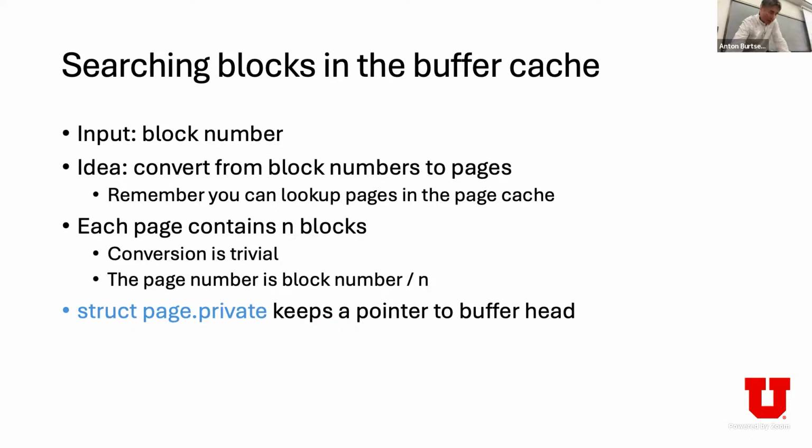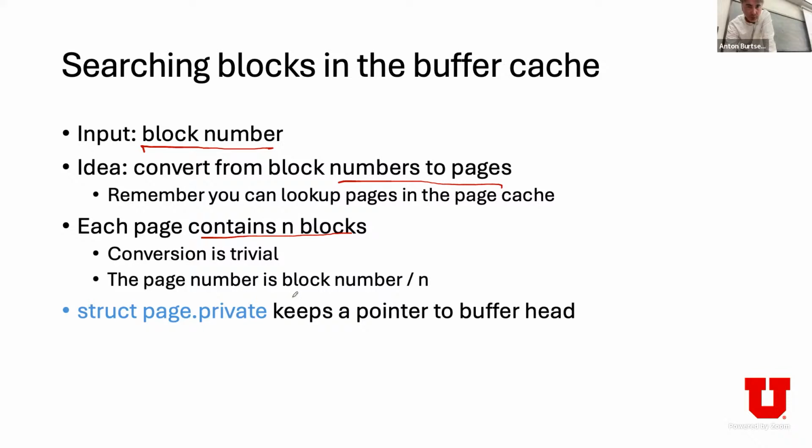And then in a typical scenario, when the page contains consecutive blocks, your search algorithm will be taking a block number. You have to convert from a block number to a page, right? Because your radix tree maintains pages. Since each page contains n blocks and you know this, the conversion is trivial.